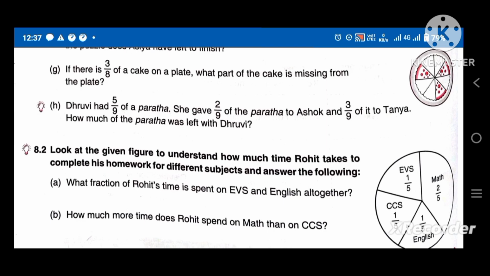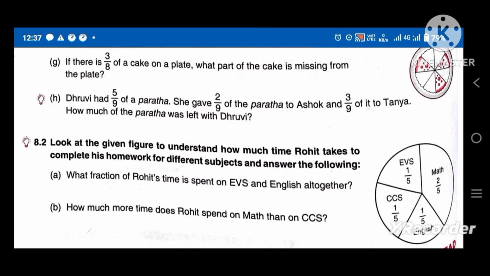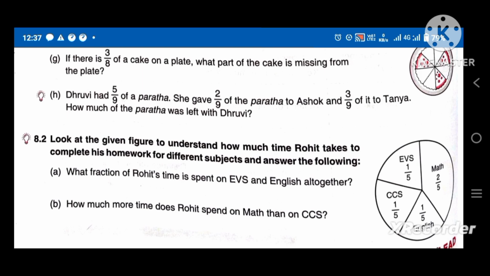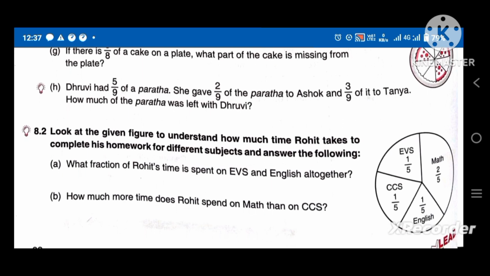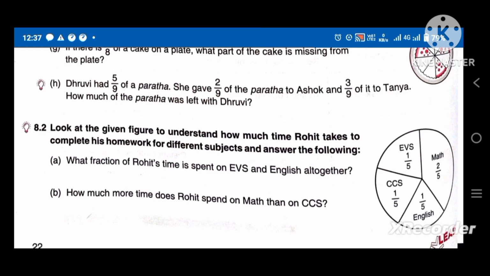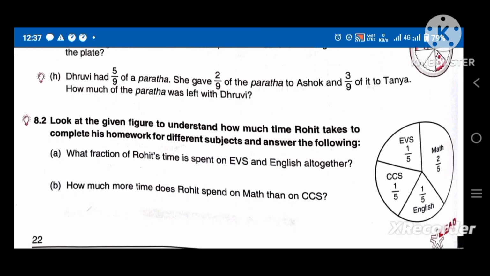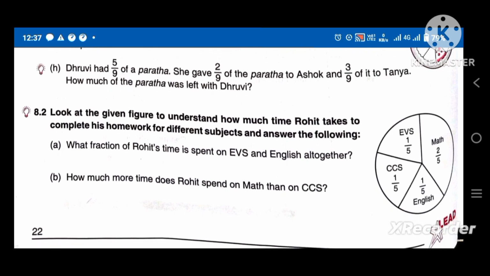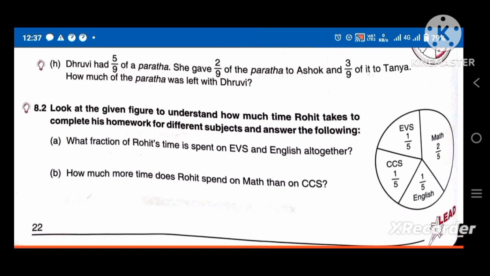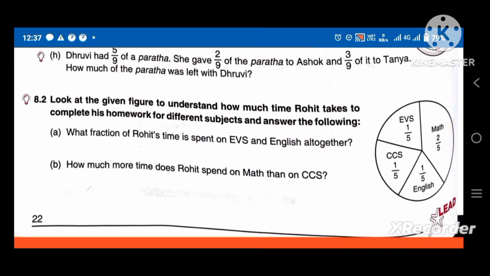8.2. Look at the given figure to understand how much time Rohit takes to complete his homework from different subjects and answer the following. In the circle: EVS 1/5, Maths 2/5, English 1/5, CCS 1/5.